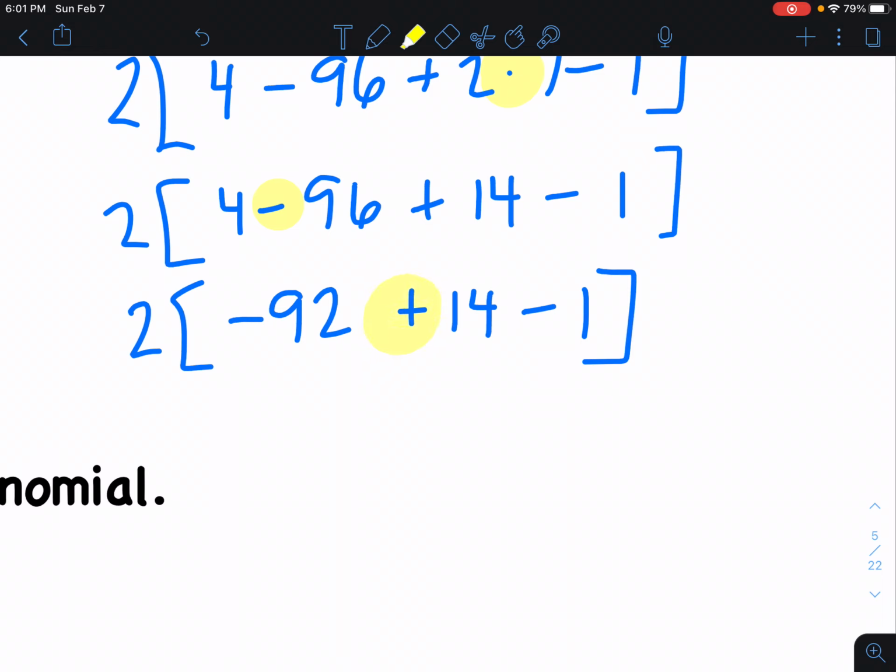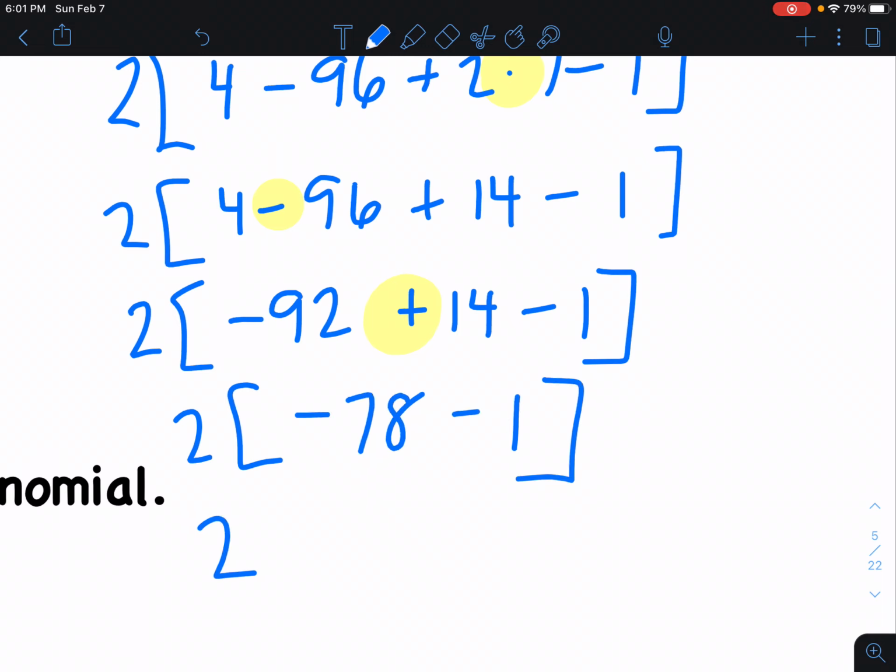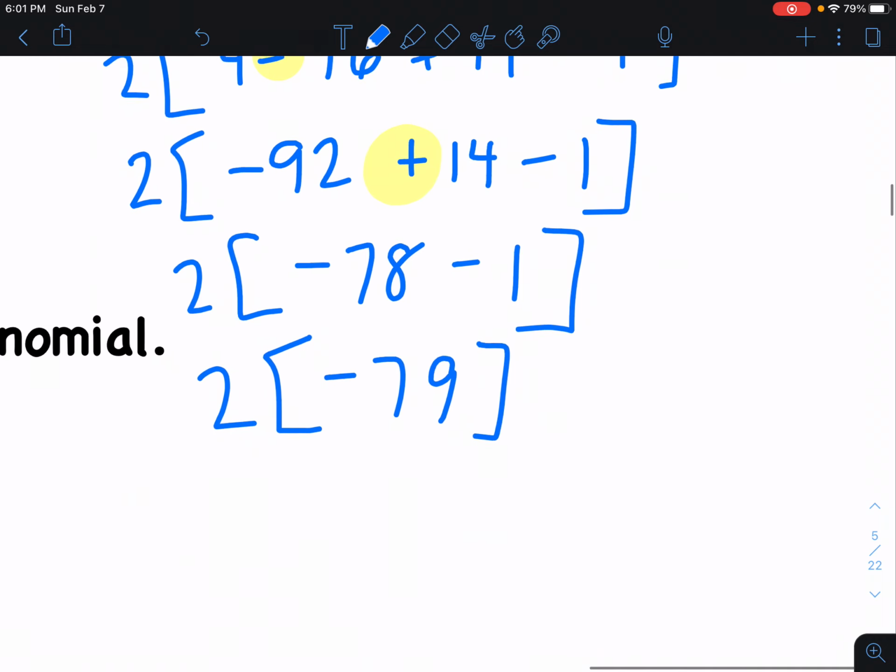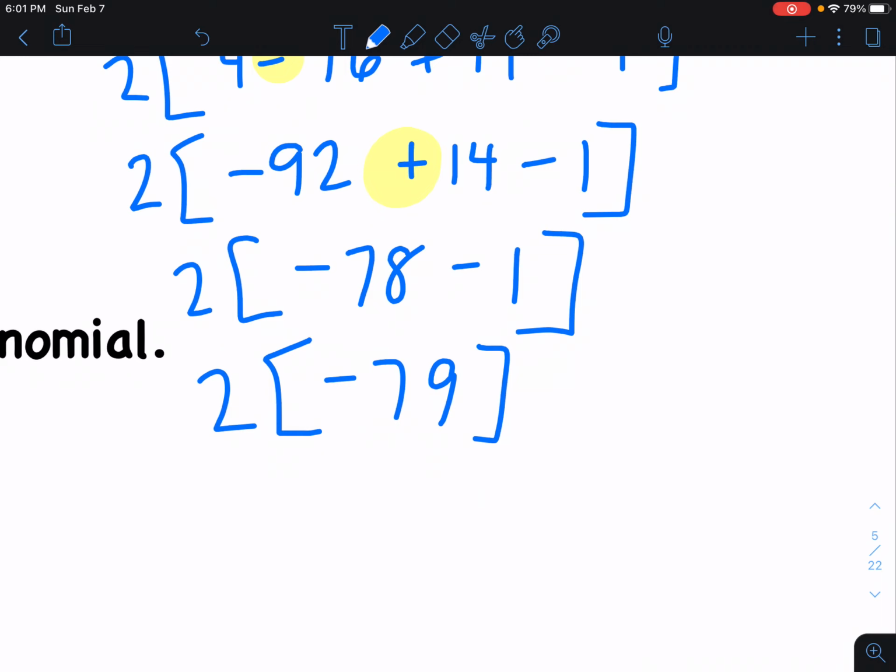Then we're going to do right here, negative 92 plus 14. This is negative 78. Then subtract those to get negative 79. And then this turns into, finally, the end. We're going to multiply and get negative 158.